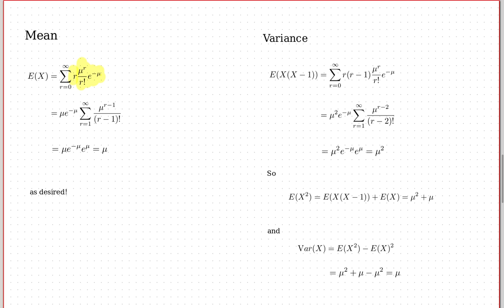So I'm just using the formula for the probability we calculated on the previous page. If you rearrange things a little bit, what I did here was take the e to the minus mu and pull that out. I also pulled out one factor of mu, but I left the other r minus 1 factors inside.